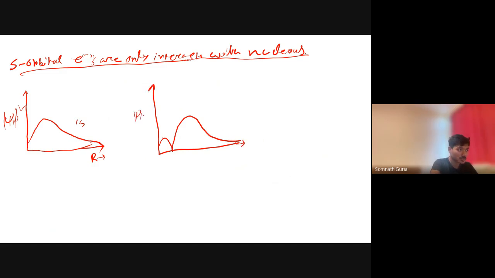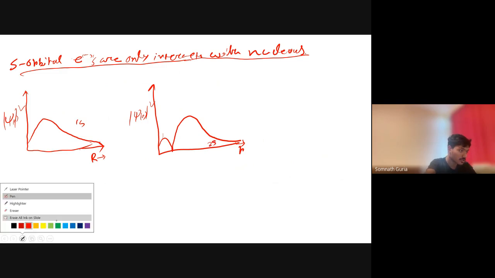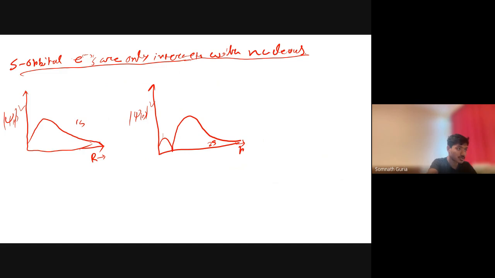This psi 0 square versus r is 2s, and 2p will be something starting from 0. Okay, this will be 2p, and there is zero electron density at the nucleus, but in the s orbital we have electron density at the nucleus.